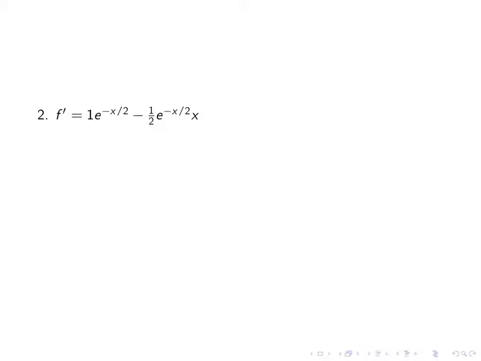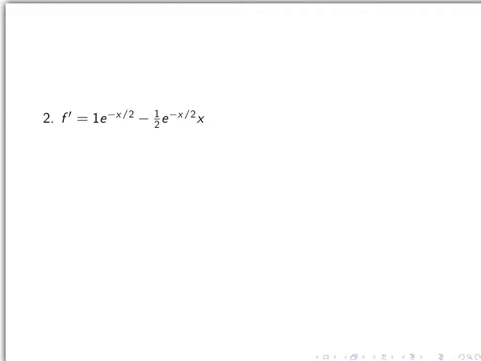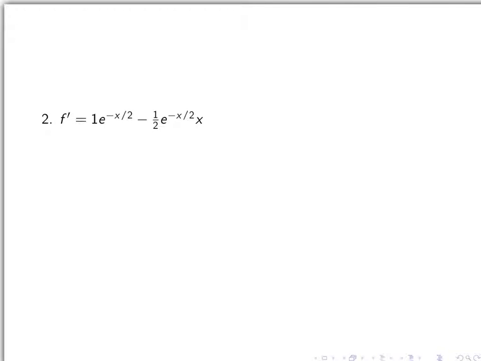Moving on to step 2, we find f prime, and that uses the product rule. So you take the derivative of the first factor, which is 1, times the second factor, and here I've just written 0.5 as 1/2, so you get minus x over 2 as the exponent, and then you have the derivative of the second factor, which is minus 1/2 e to the minus x over 2 times the first factor, which was just x.